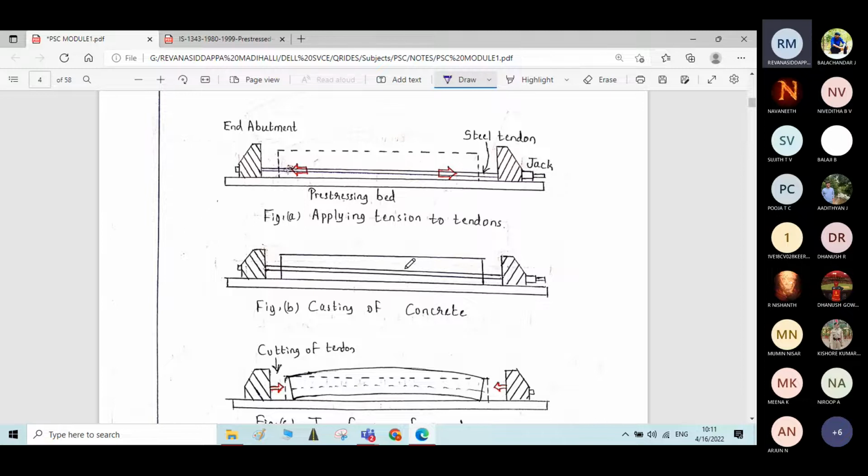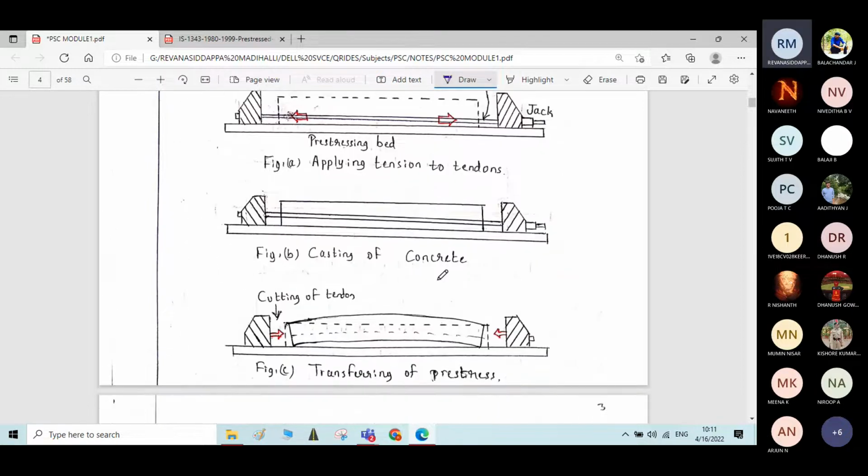Okay, after the concrete gets sufficient hardening, then the tendons will be cut loose so that the compressive stresses will be induced into the concrete element. Okay, and compressive stresses are induced by the bonding action between the surrounding concrete and the tendons.